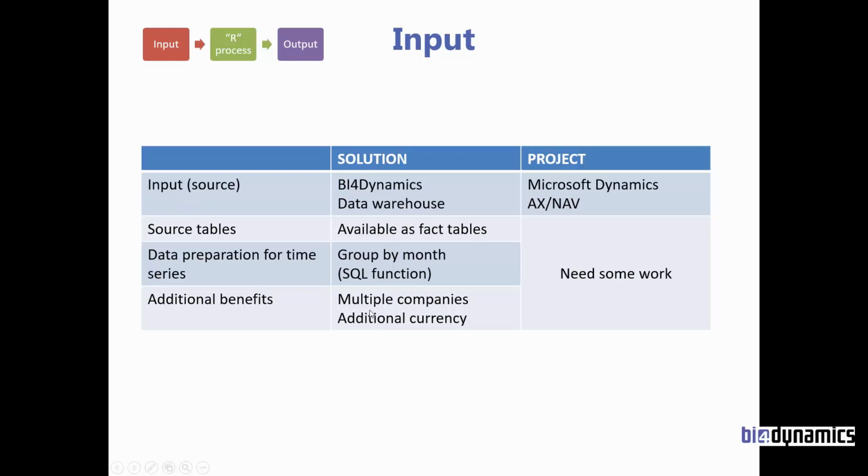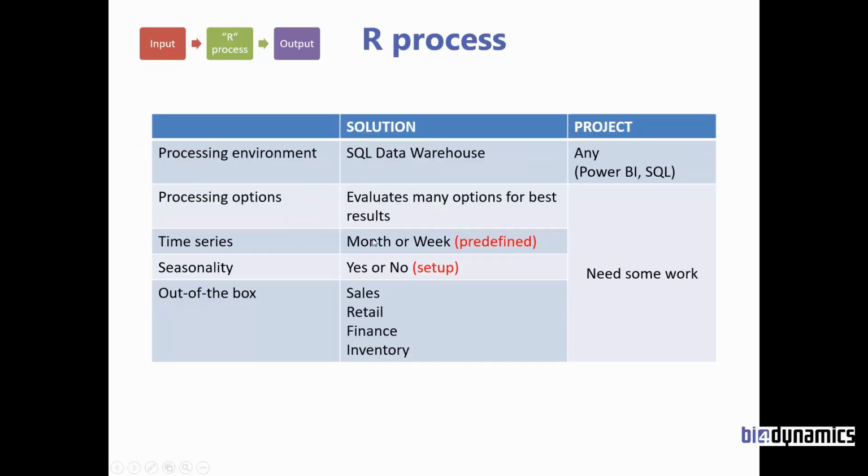You will need to do some work while this is already set and ready, and additionally we can offer to our customers features like multiple companies and additional currency for analysis, which are not really straightforward available in another project.